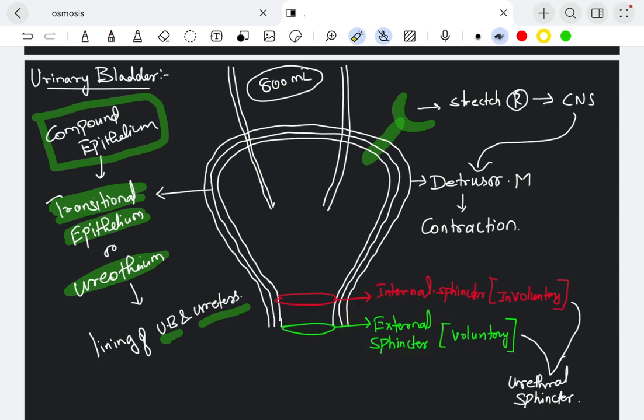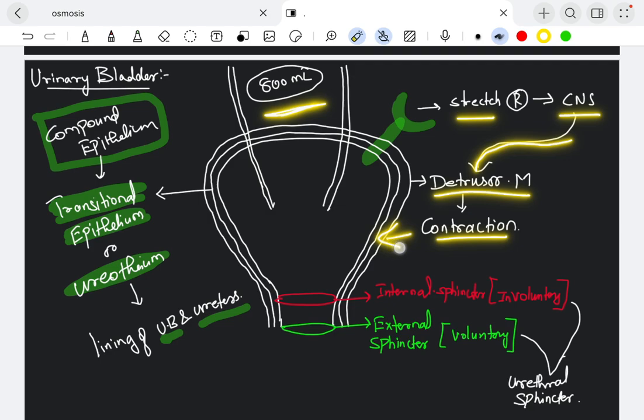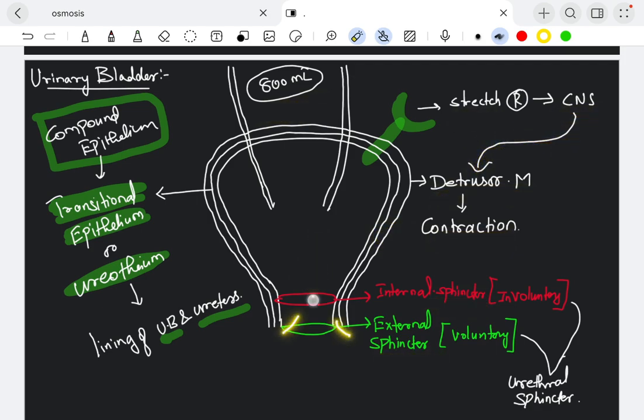Now when you reach the maximum capacity, the stretch receptor gives a signal to the CNS, and the CNS gives a signal to the detrusor muscle, and the detrusor muscle contracts the urinary bladder. The urine will come down. Now both the internal and external sphincters will open and all the urine will be expelled. This is what is happening in your body.